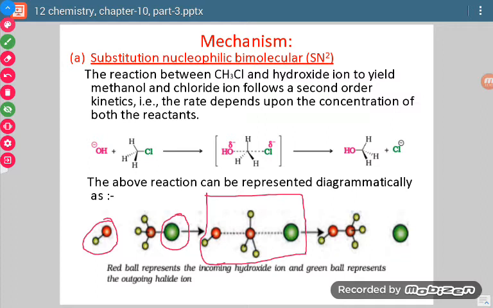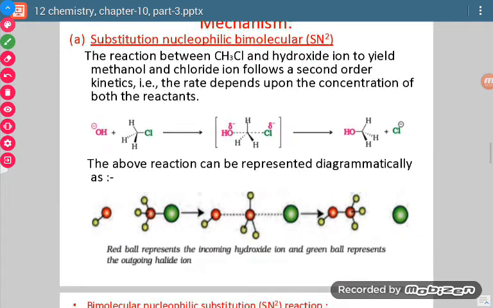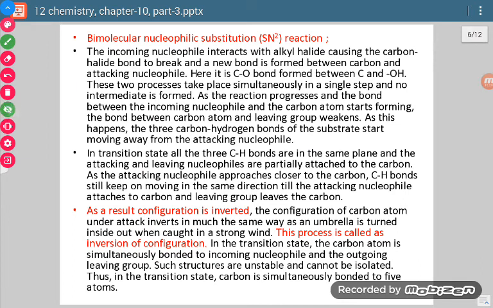With the passage of time the leaving group leaves the molecule, and the nucleophile gets attached, and the other elements attached to the central atom find their place in a totally different direction from the reactants. So this is called the SN2 mechanism. Now let us discuss this again. The incoming nucleophile interacts with the alkyl halide.